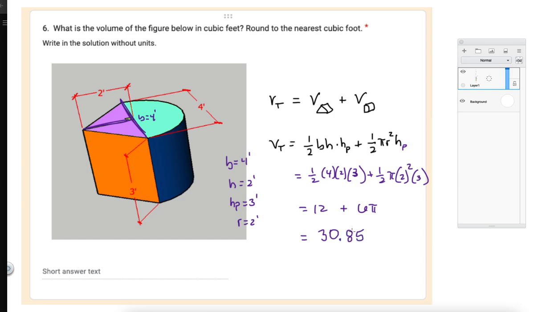It says round to the nearest cubic foot, so this would be 31 cubic feet. But it says right in the solution without units, so we would just type in 31. And that should be the answer.